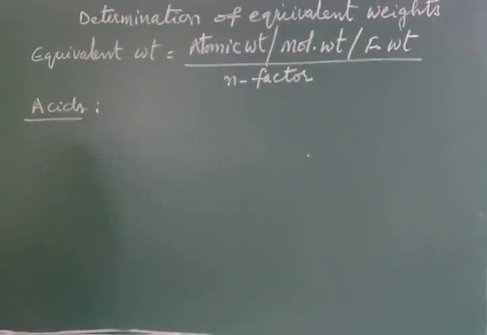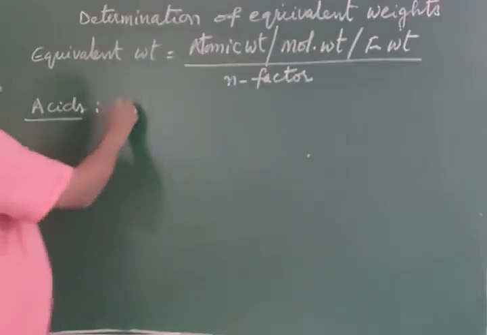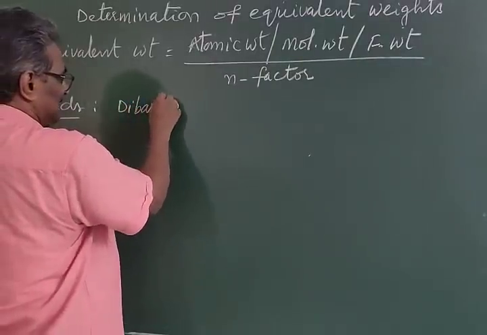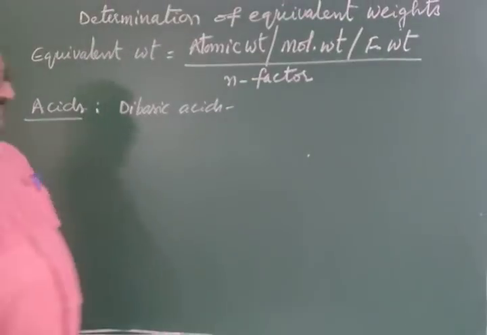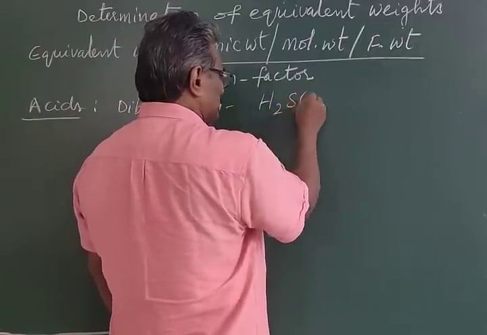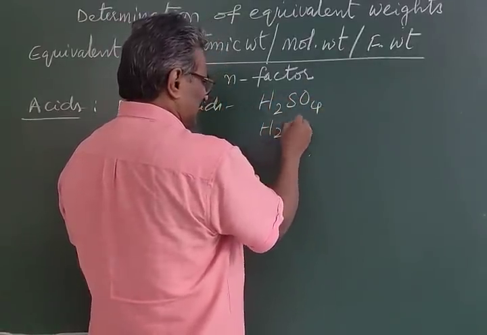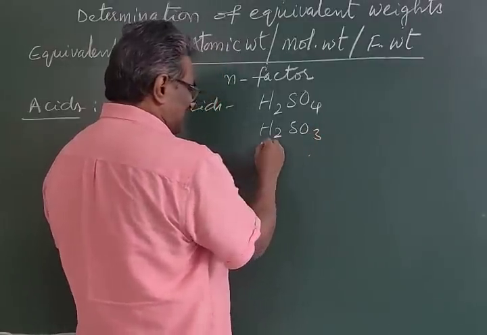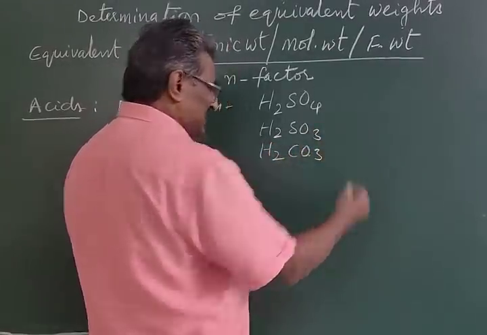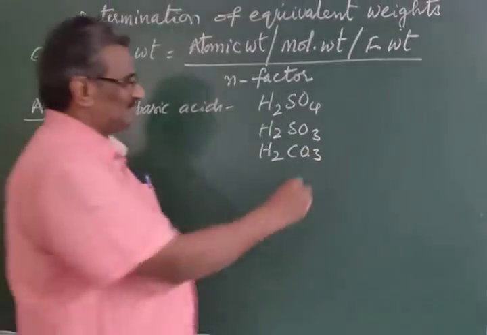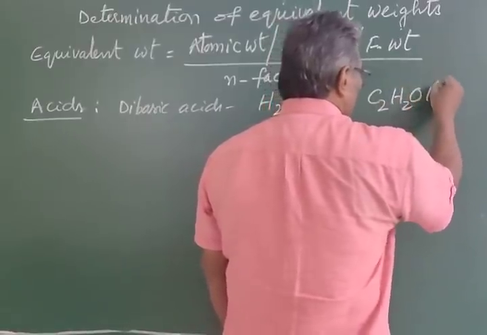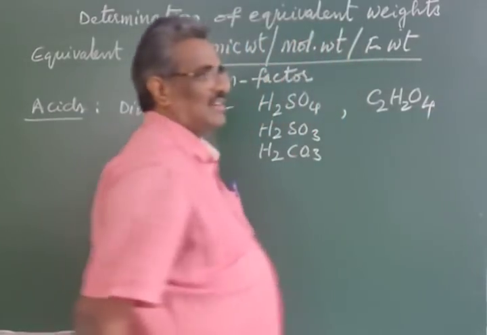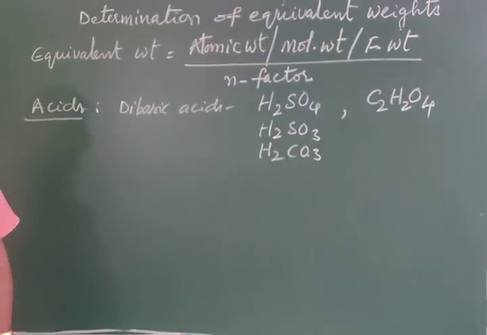Dibasic acids are the acids which have two replaceable hydrogens, like H2SO4 sulfuric acid, H2SO3 sulfurous acid, H2CO3 carbonic acid, C2H2O4 like oxalic acid.